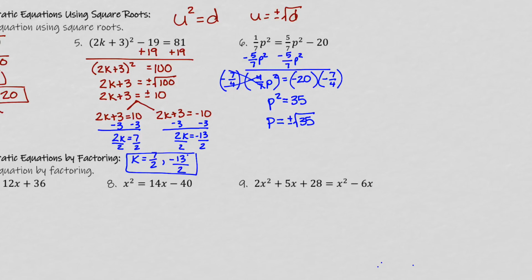We simplified radicals, or square roots, however you want to call it. But this one doesn't simplify. The prime numbers that go into it are 5 and 7. They're both prime. There's not a perfect square. So this is actually our answer. Or you could say p is a positive square root of 35 and a negative square root of 35. You can separate it out into the two answers if you want.